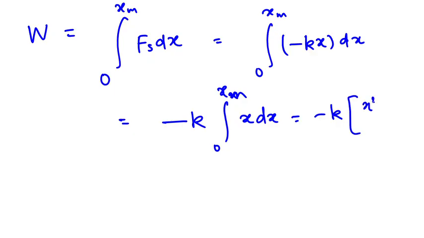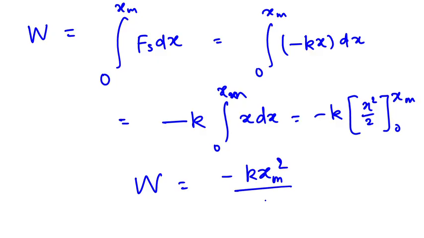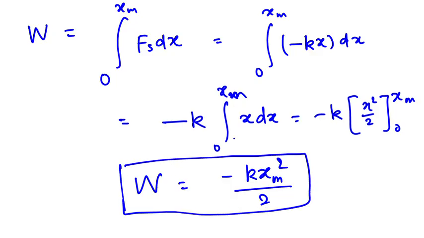This will be x²/2 from 0 to xm, and the work done will be minus kxm²/2. You can try it by yourself from here to here, although I have done at least one step. So this is the work done.